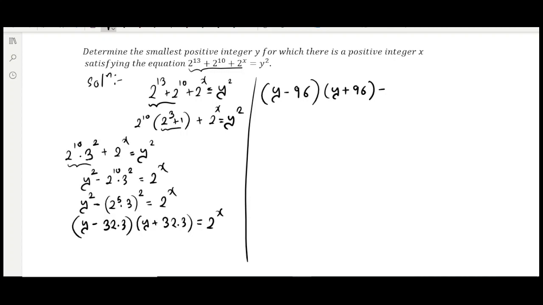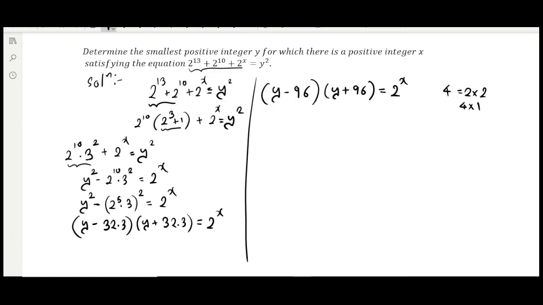Instead of any constant term, we have 2 raised to power x here. If there would be a constant number like 4, we would write 2 into 2 or 4 into 1, but in this case this is a different type of question. We have 2 raised to power x, but what we are sure about is that this is nothing but 2 multiplied x times, right?